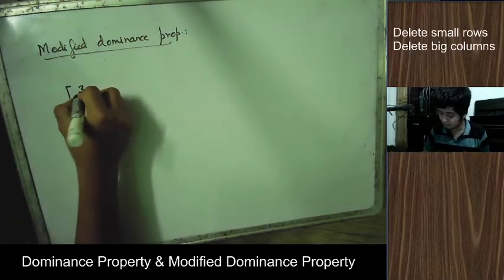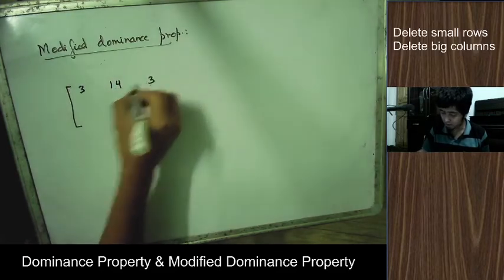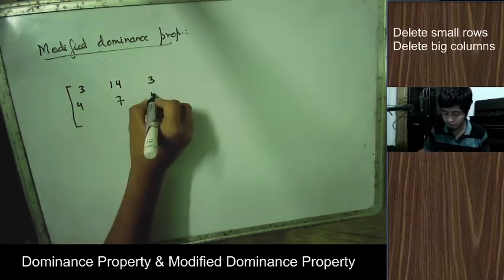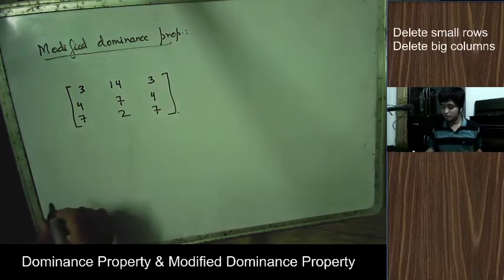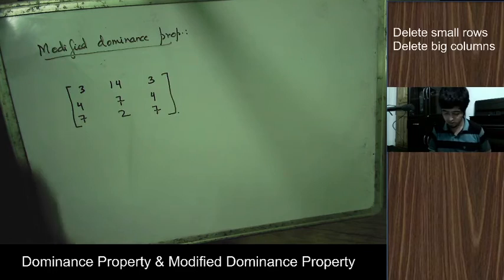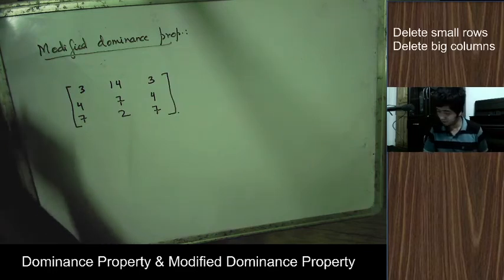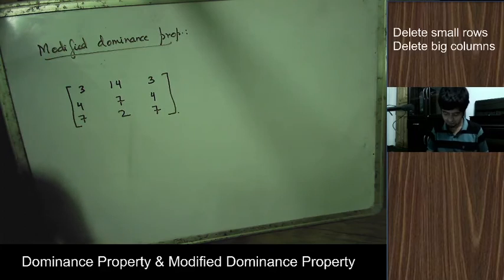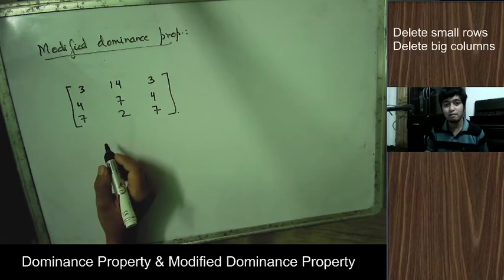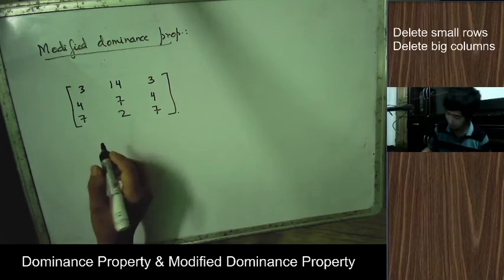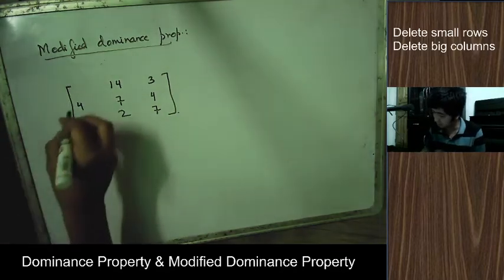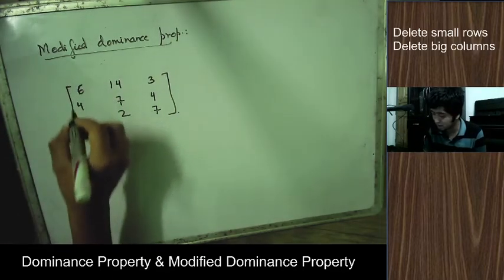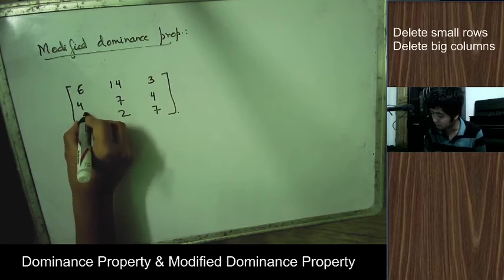So let's see. 3, 14, 3, 4, 7, 4, 7, 2, 7. Maybe I will write this one as 6 and this one as 6.